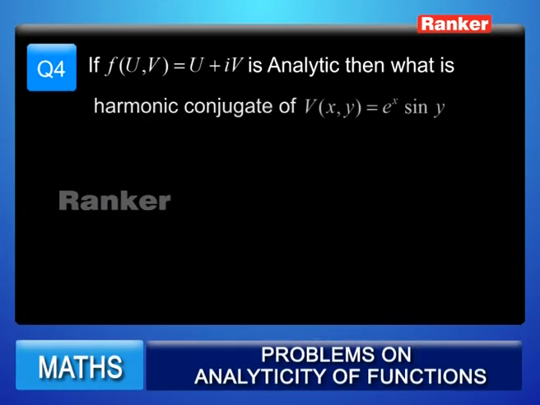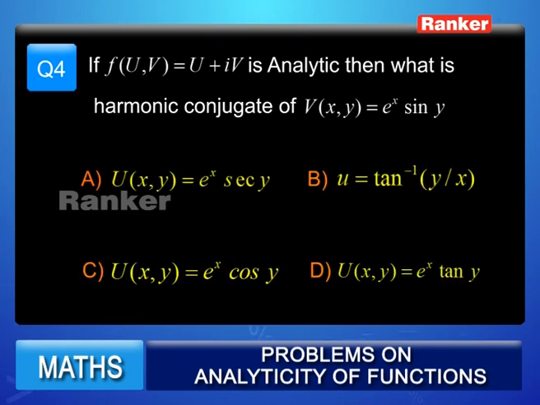Question number 4. If f of z is equal to u plus iv is analytic, then what is the harmonic conjugate of v of x comma y is equal to e power x into sin y?